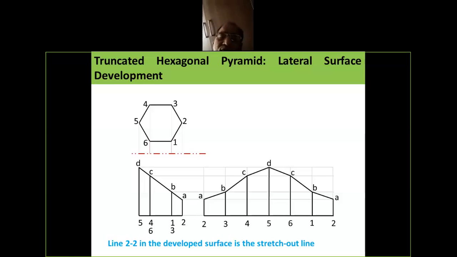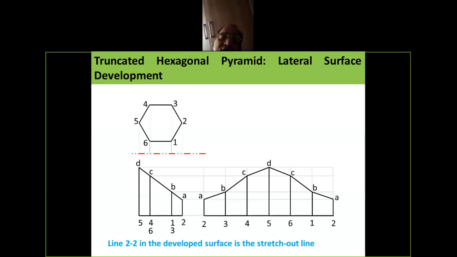All are equal in length. That length will be the sides of the pyramid.